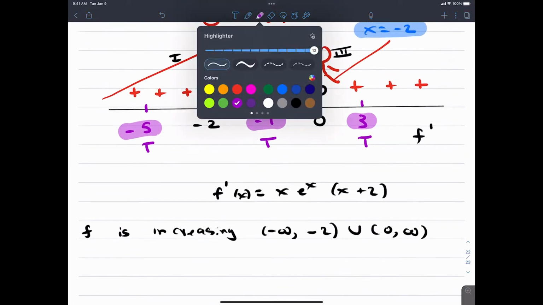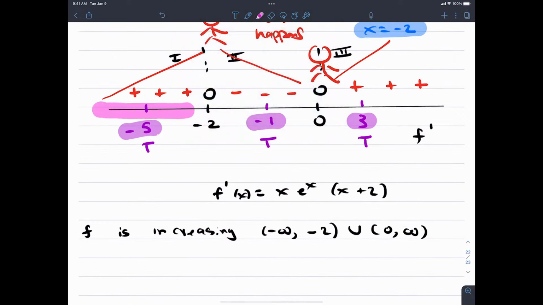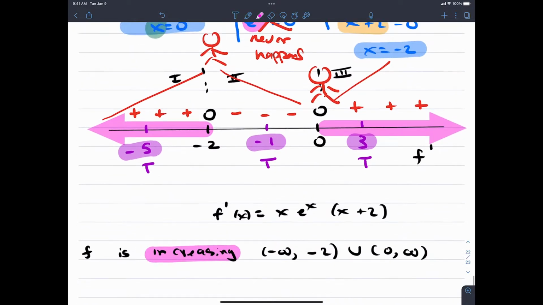Why do I say that? We're describing this interval united with this interval. And let's put arrows, because those go on forever in those directions, right? This is where your function is increasing.